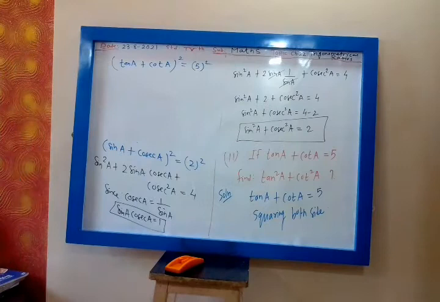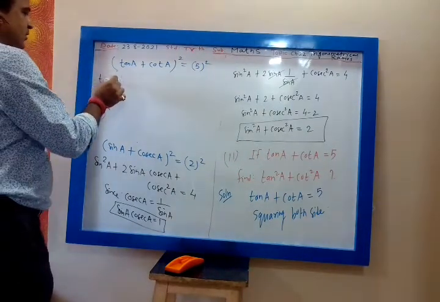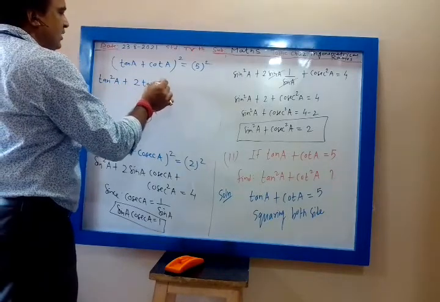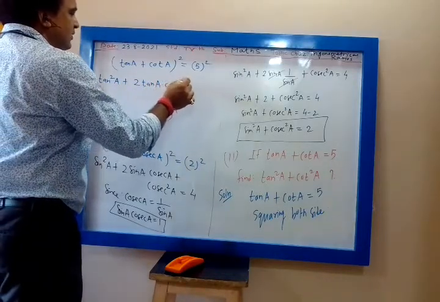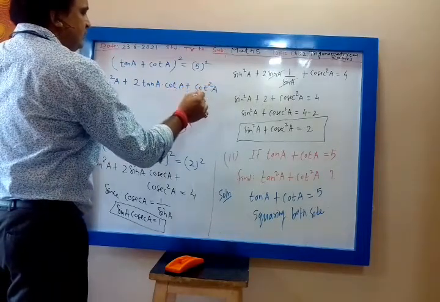Use the formula (A plus B) whole square. So tan square A plus 2 tan A into cot A plus cot square A is equal to 5 square, which is 25.